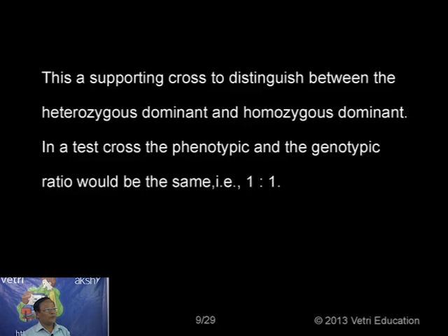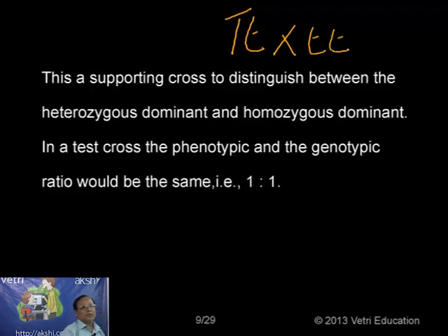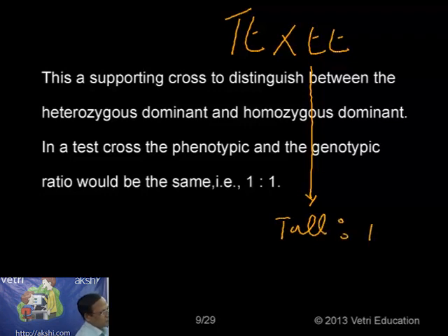Suppose the dominant parent is heterozygous, for example, capital T, small t. This parent we are crossing with a recessive parent. In such crosses, we obtain individuals in the F2, for example, tall and dwarf in equal proportion.